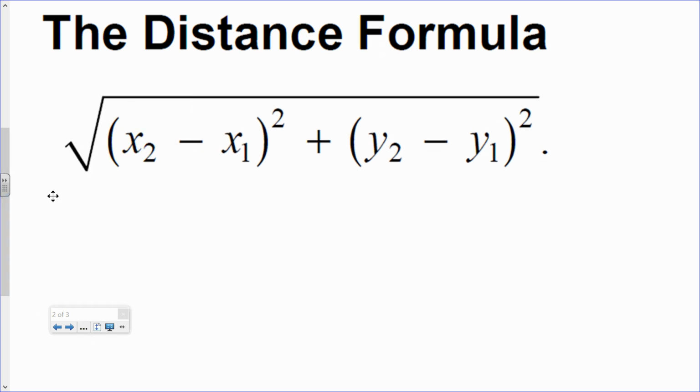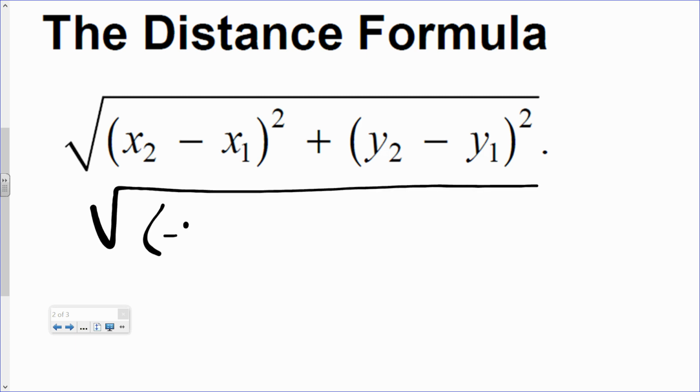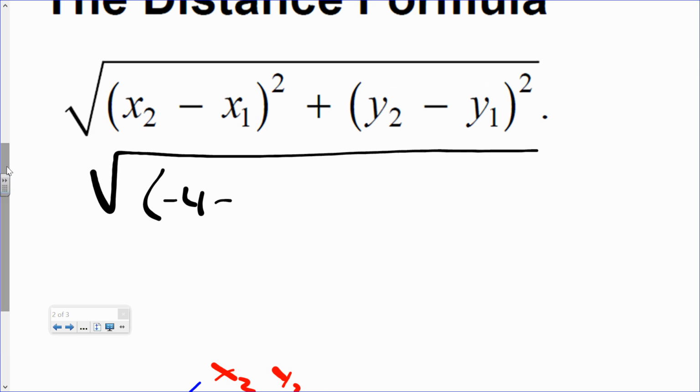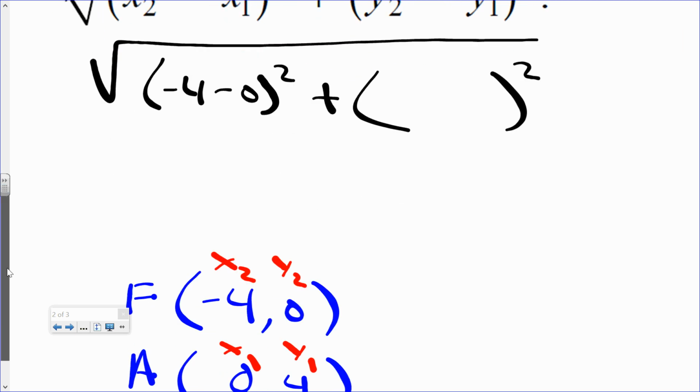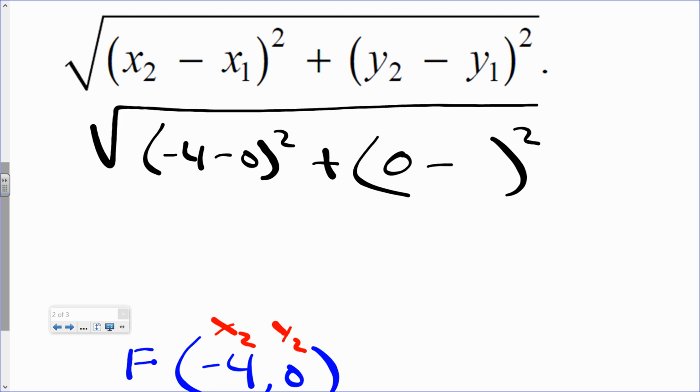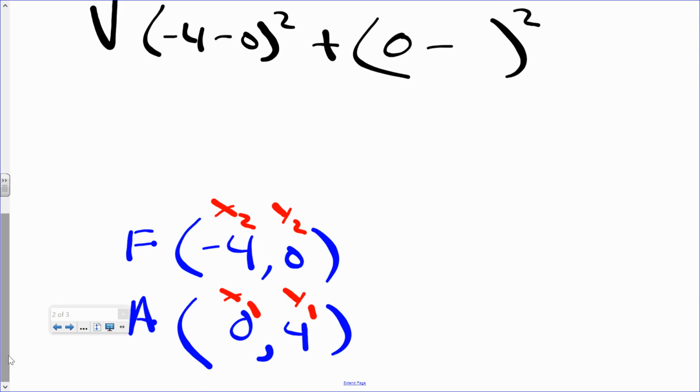Square root of negative 4 minus 0 squared plus, watch this now, y sub 2 minus y sub 1. Look, 0 is y sub 2 minus y sub 1, which is 4.